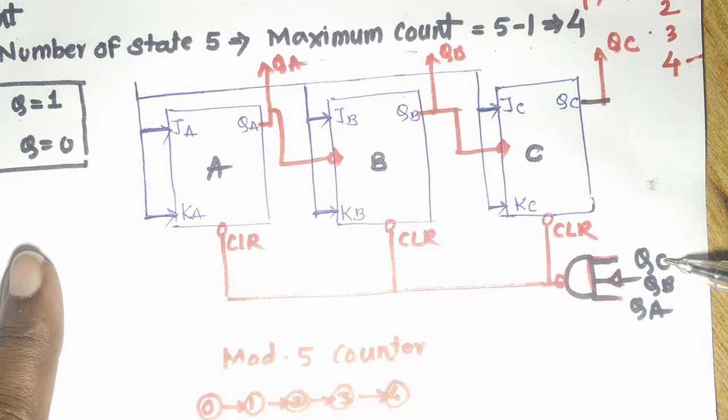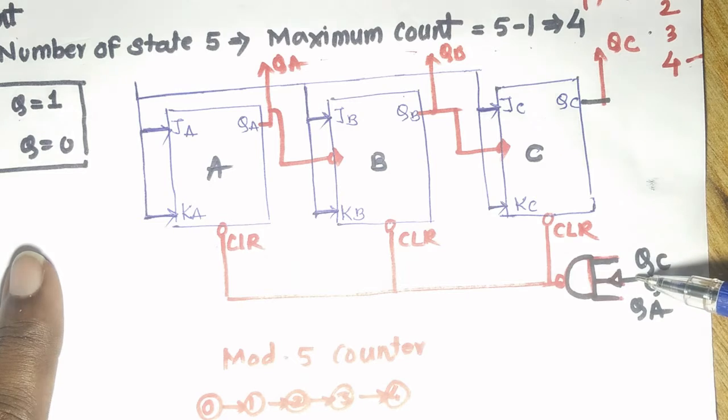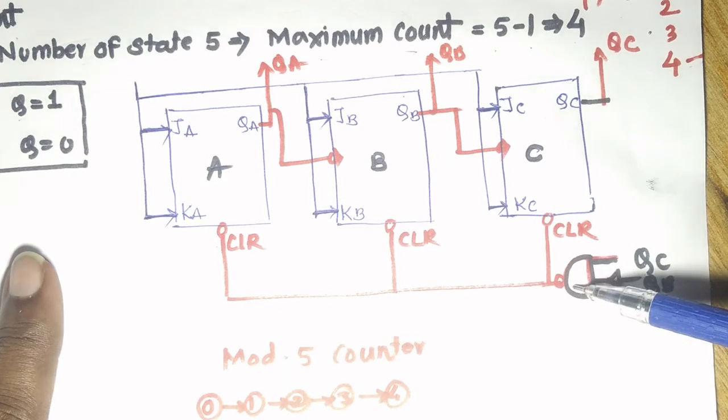Now QC is equal to 1, and we use the NAND gate to make it 0. QB is equal to 0, and we have to convert that to 1, so we have used a NOT gate. The output of this NOT gate is 1, which is again converted into 0 after using the NAND gate.